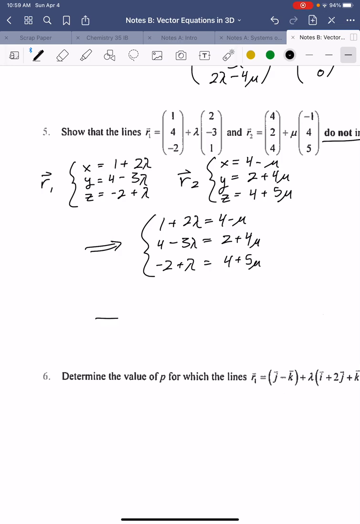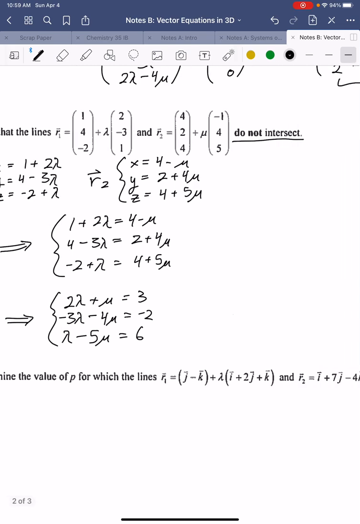Okay, so now we're going to simplify this. 2 lambda plus mu equals 3. Negative 3 lambda minus 4 mu equals negative 2. And finally, lambda minus 5 mu equals 6.